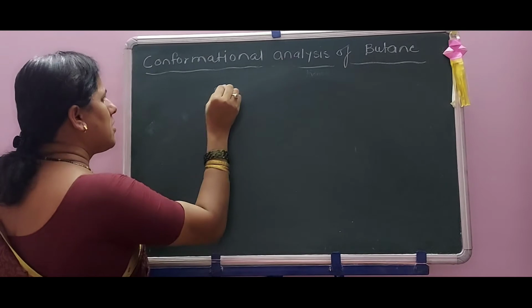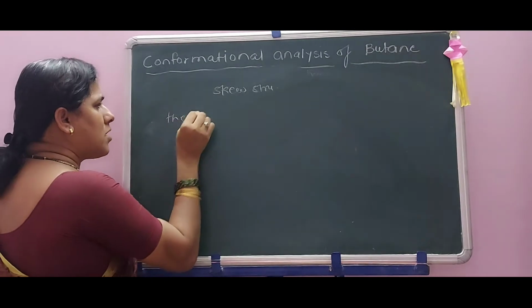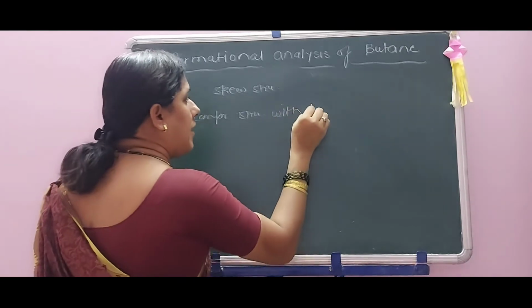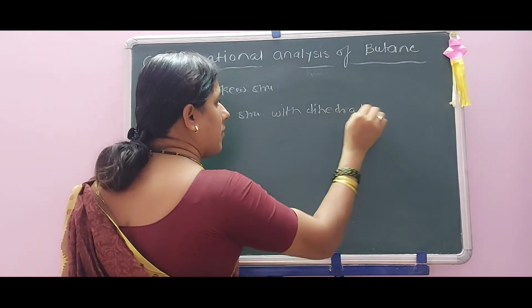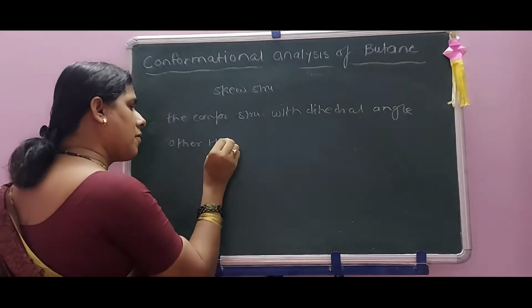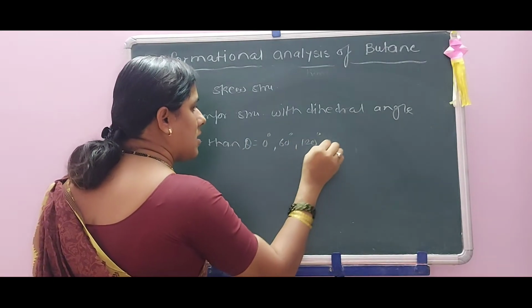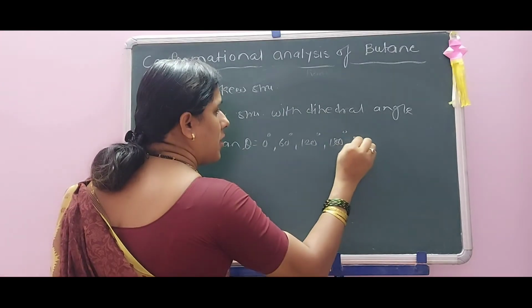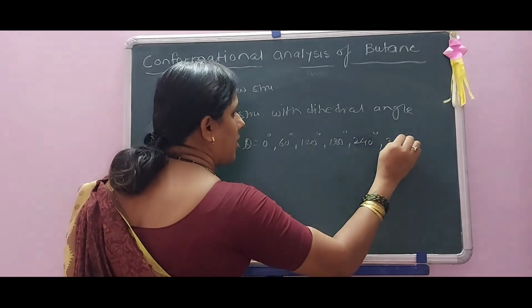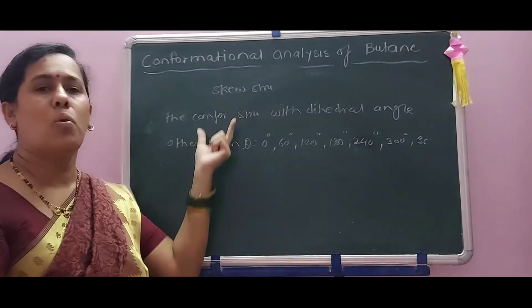Skewed structures are conformational structures with a dihedral angle other than theta equal to 0, 60 degrees, 120 degrees, 180 degrees, 240 degrees, 300 degrees and 360 degrees. That conformation is called a skew conformation.